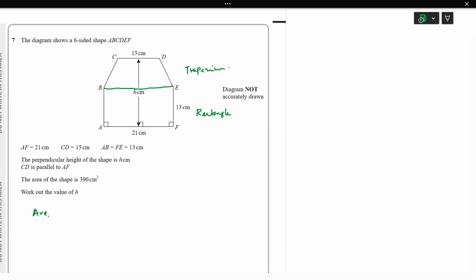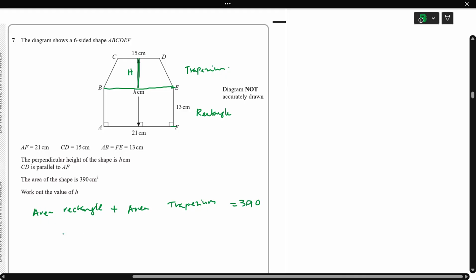First, area of rectangle plus area of trapezium equals total area, which is 390, given. Okay, so the entire height, from here to here, we have 13. So the rest we need to find is only this height. This one I'll take as capital H.